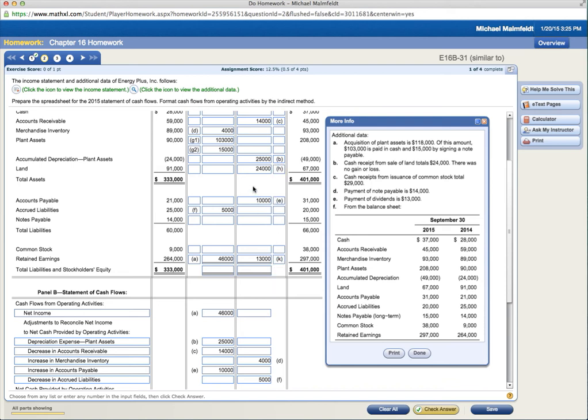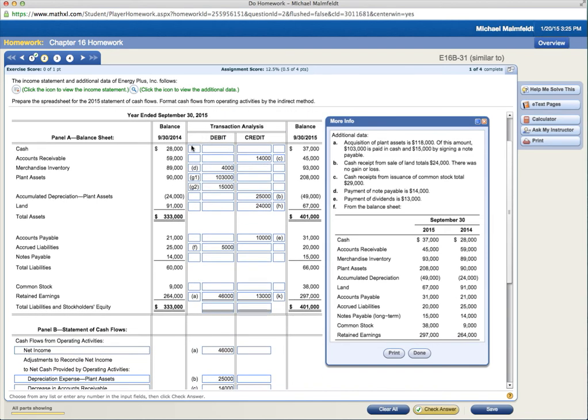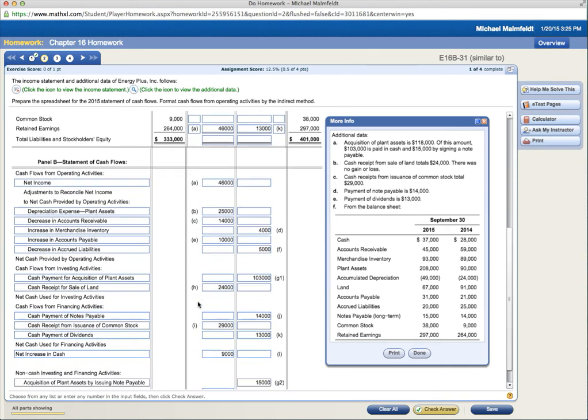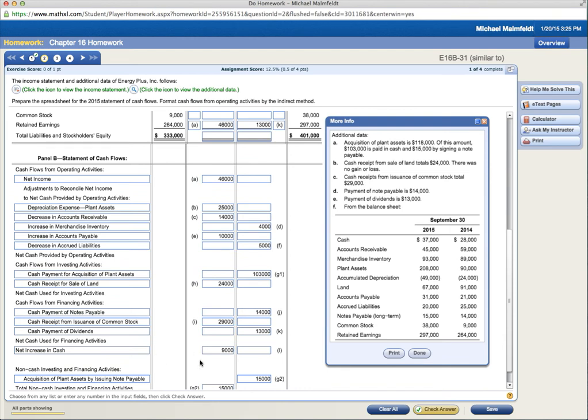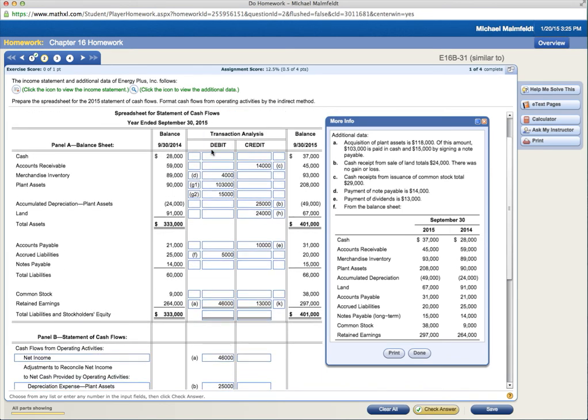And just to be clear here, I know that all of these transactions that affect cash would have effects on the cash here, but for purposes of the comparative balance sheet and the fact that they only give us one line here to work with cash, we're going to go down here and just use the net effect on cash as our transaction that affects cash.